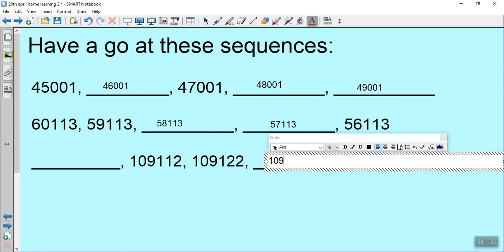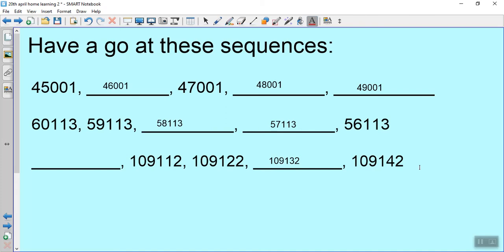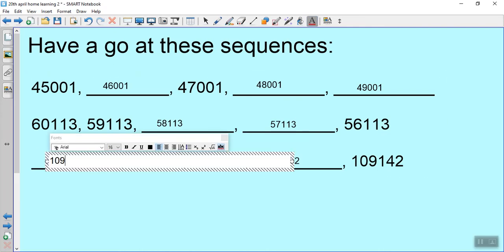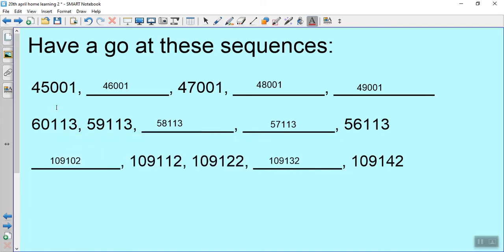So it's still 109,000, but it's 132. So 109,142, 109,132, 109,122, 109,112, 109,102. There we go. Well done if you got those correct.